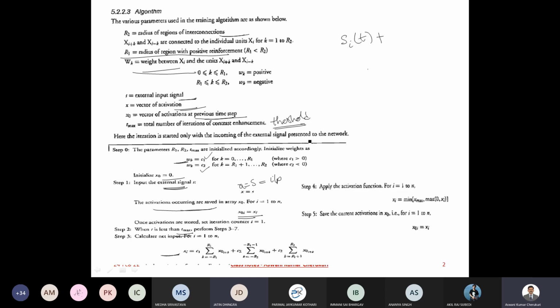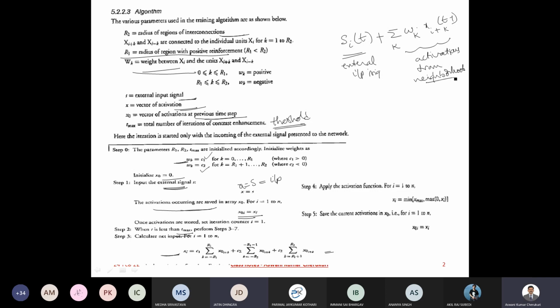What is given here is for 3 inputs, but in general, x_i is sigma over k of w_k times x_{i+k}(t-1), like how we did it in the case of MaxNet, where this is your external input signal and this is the activations coming from the neighborhood.